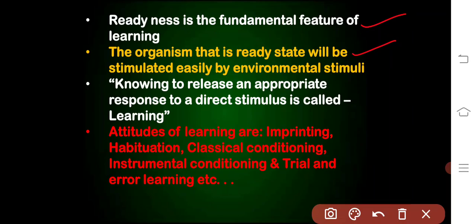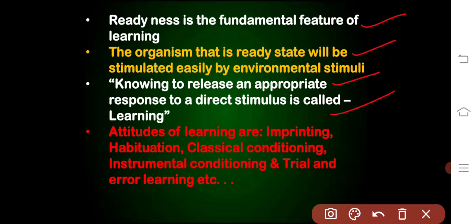And we can say that knowing to release an appropriate response to a direct stimulus is known as learning. This is an appropriate definition of learning, that is, knowing how we can react to the environmental stimuli, how we will give an appropriate response, is nothing but learning.